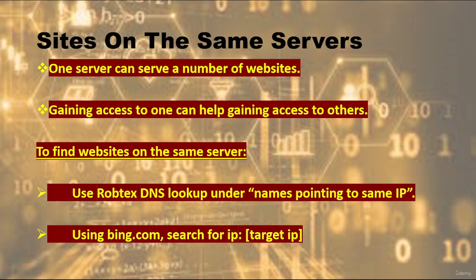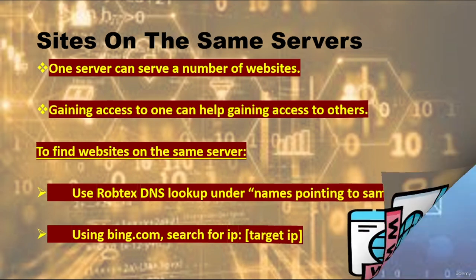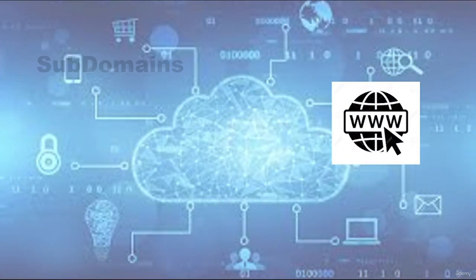We first ping the server, and when we ping it, it resolves the domain name to an IP address. Then you take that IP address, go to bing.com, write ip:, and put the target IP. It's going to show us that IP is hosting all these names, and we get what we want. You get it?